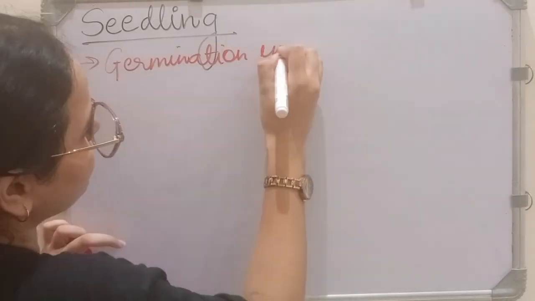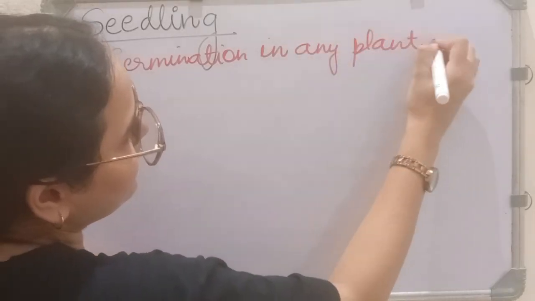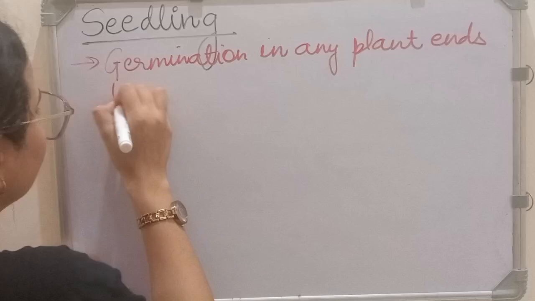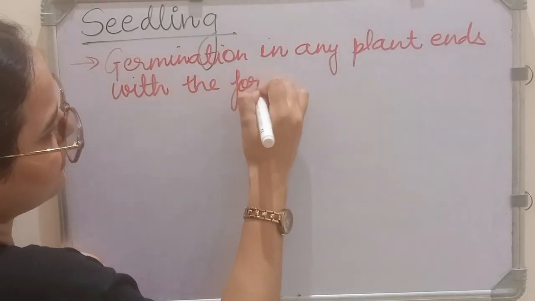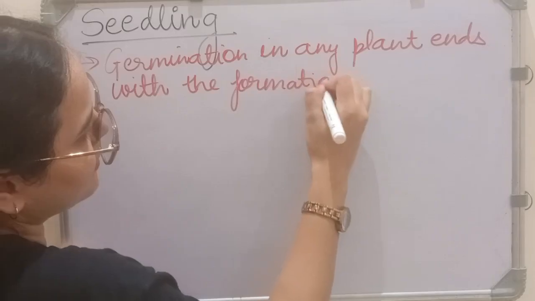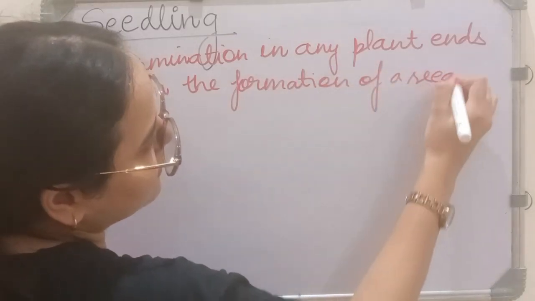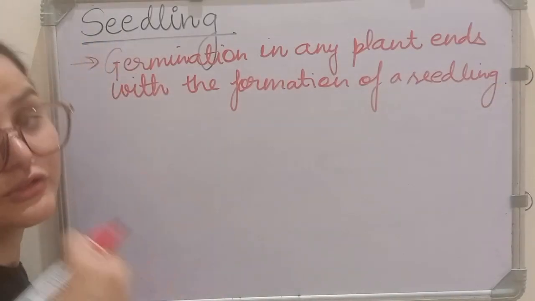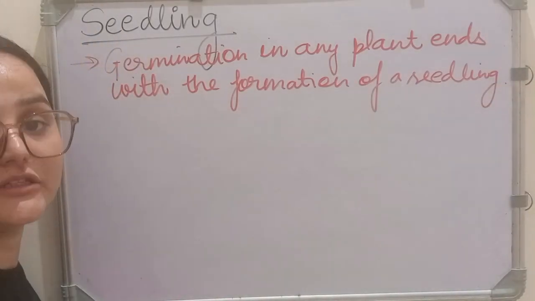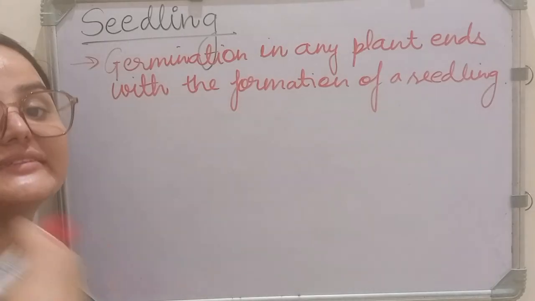Now let's see what a seedling is. A seedling is the formation of a young plant from the seed.